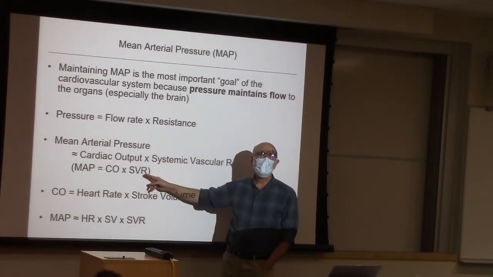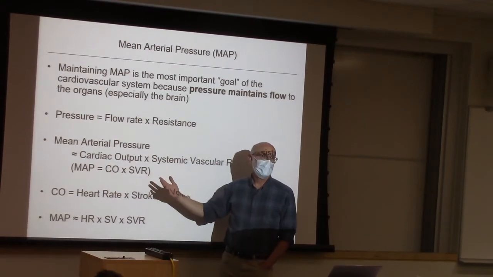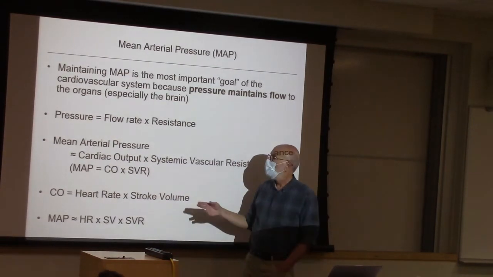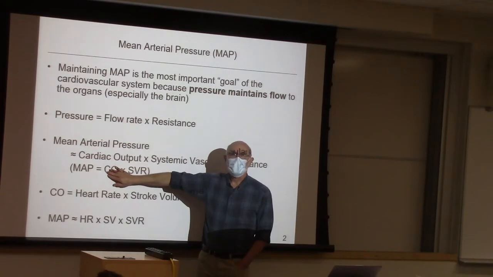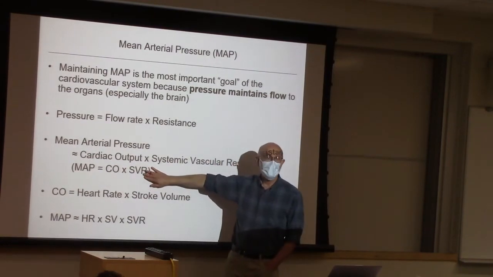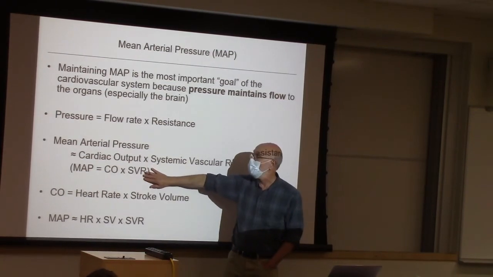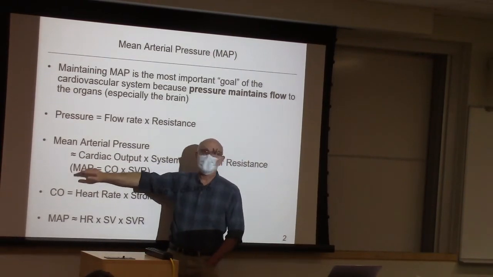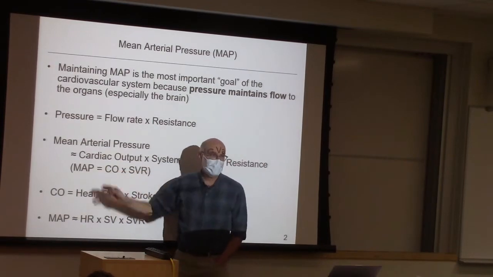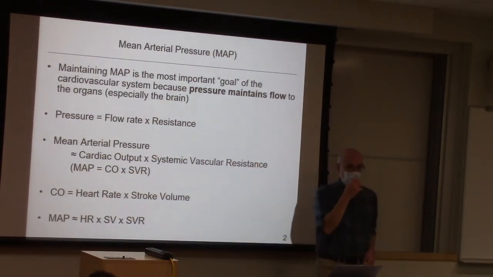Sometimes it's called total vascular resistance. That makes sense too. So the output of the heart multiplied by the resistance of the vessels that the flow is going through generates pressure, and we call it the mean arterial pressure, mean just meaning average.